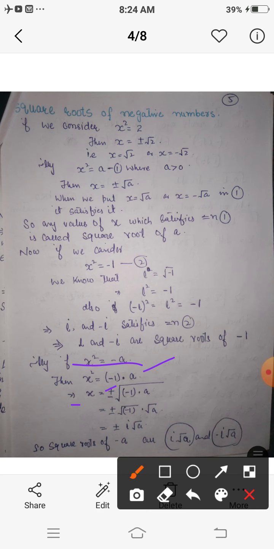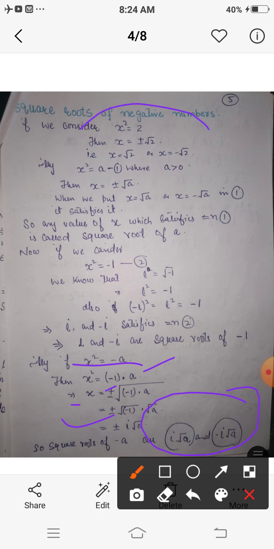Which implies that here we can break it into root of minus 1 into root of a. Root of minus 1 is simply iota, which implies that this equation is satisfied by iota root a and minus iota root a. These values are called the square roots of this negative number a.